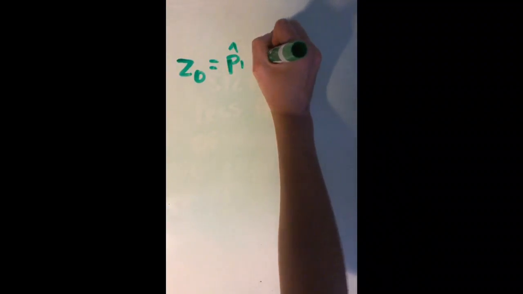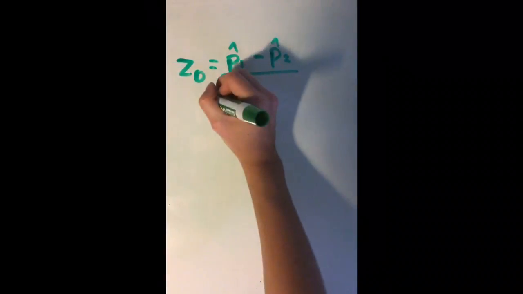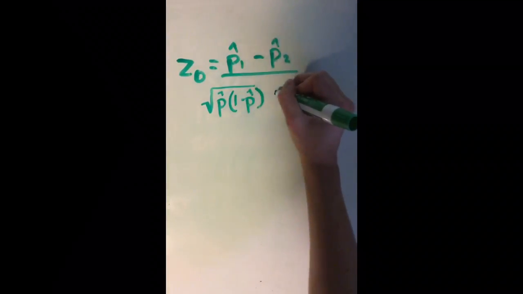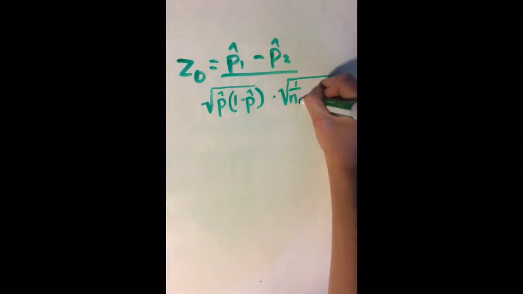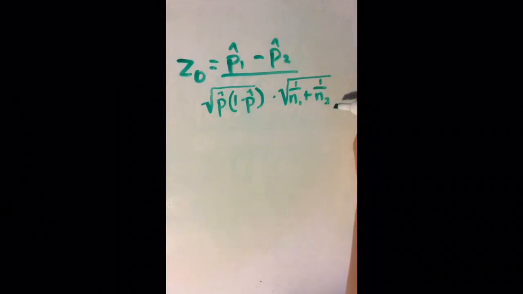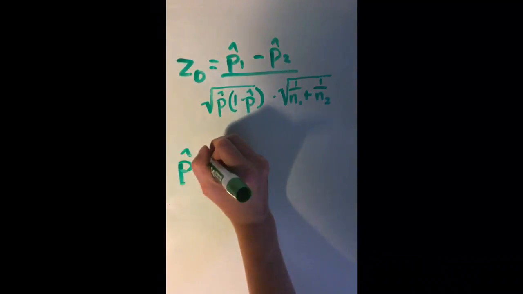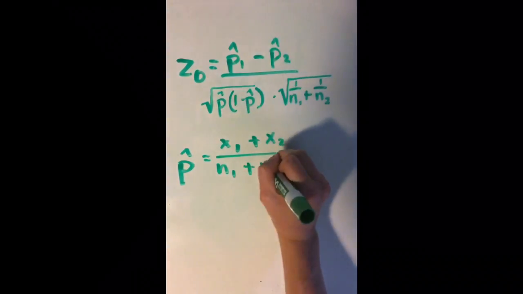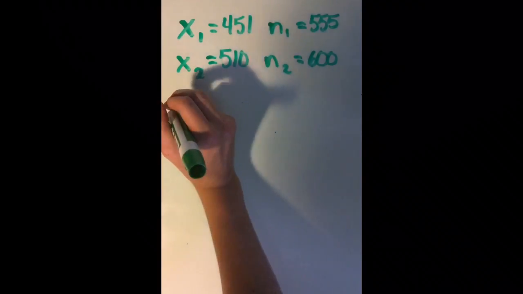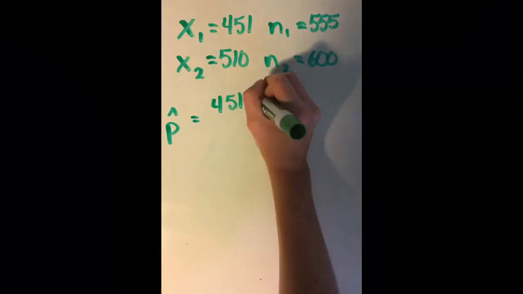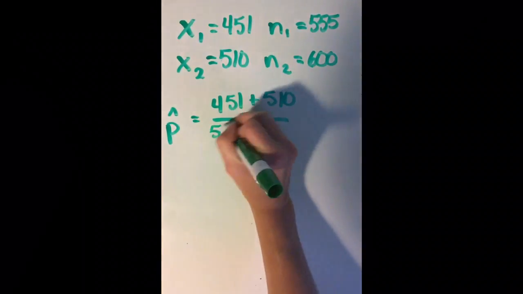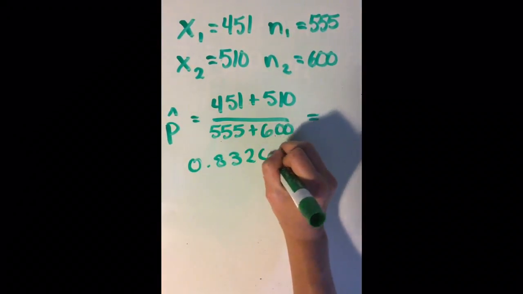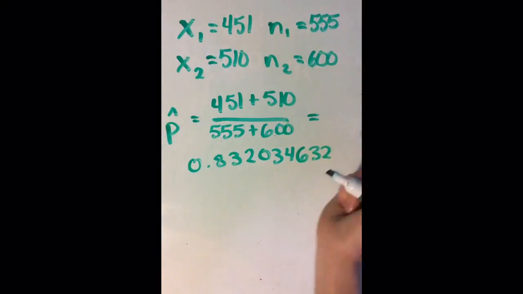By hand, the equation is p hat 1 minus p hat 2 divided by the square root of p hat times 1 minus p hat times the quantity 1 divided by n1 plus 1 divided by n2. We also must find p hat, which is x1 plus x2 divided by n1 plus n2. Plugging the values in, we find that p hat equals 451 plus 510 divided by 555 plus 600, which equals 0.832034632.